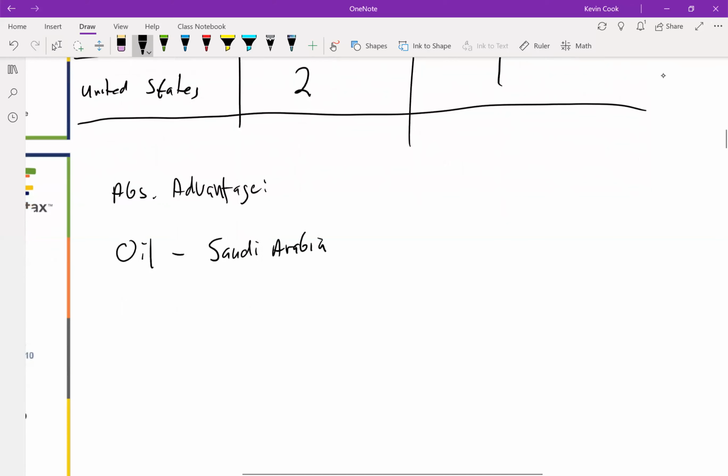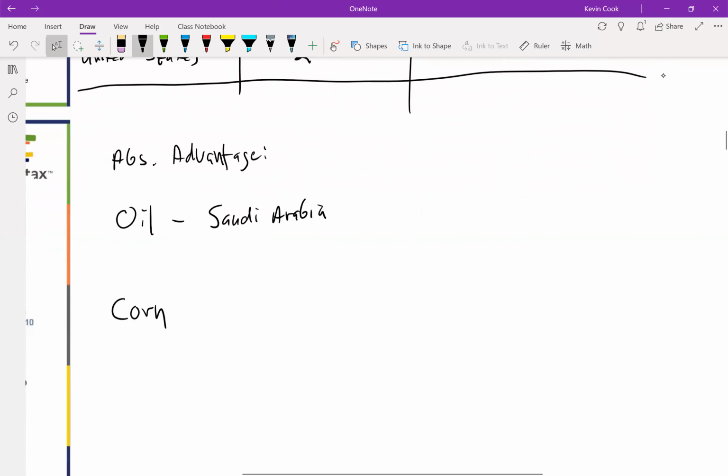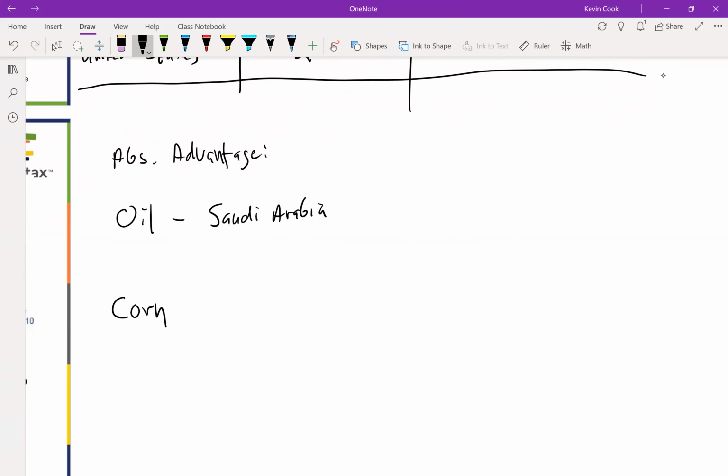But on the other side, if we think about our corn, it takes Saudi Arabia 4 hours to make 1 unit of corn, whereas in the U.S., we can make a corn in 1 hour. So when we think about corn, this is going to go to the United States. Again, absolute advantage is hopefully super straightforward. Who can make the product using fewer resources?